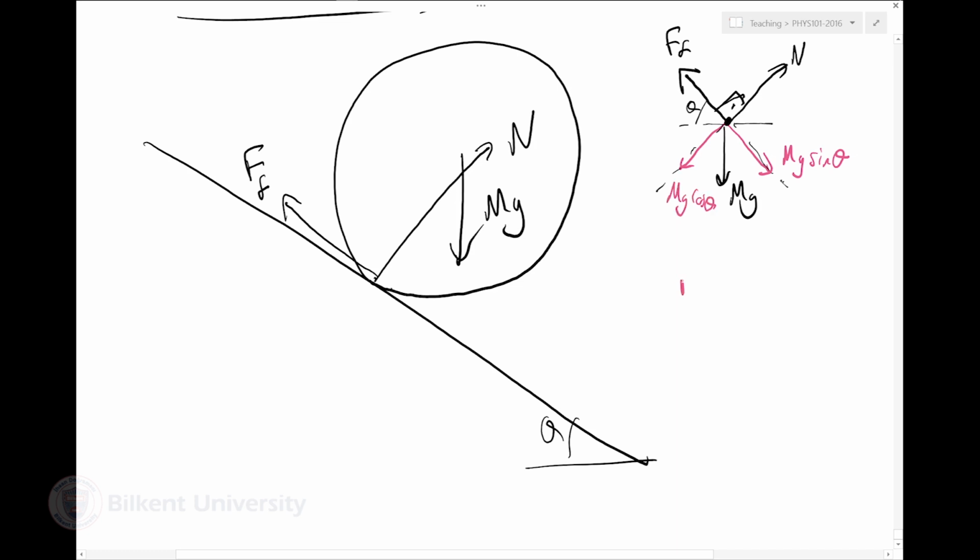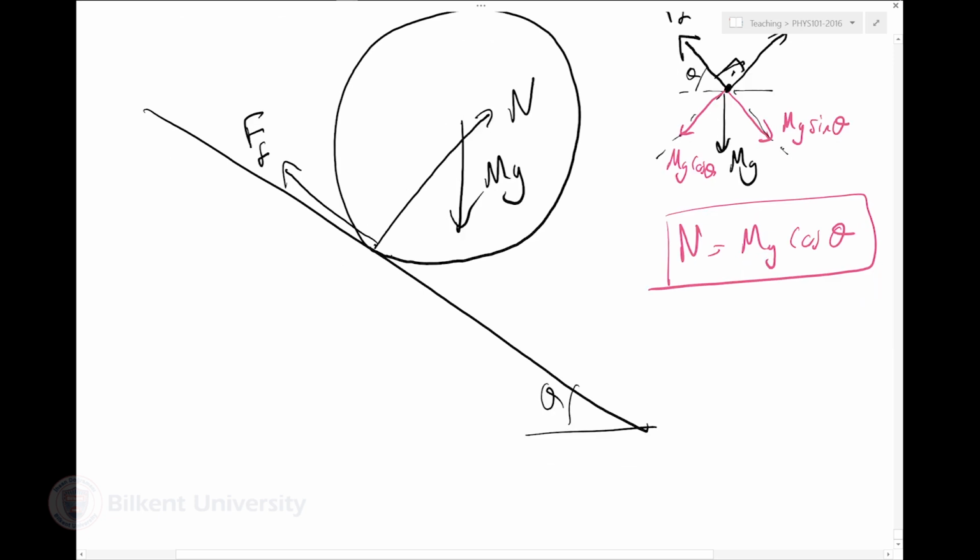Can I directly say N is equal to mg cosine theta? Yes, why? Because there is no acceleration perpendicular to the inclined plane. It's not jumping off the plate, right? So that's correct. Good. And I can also say the following.